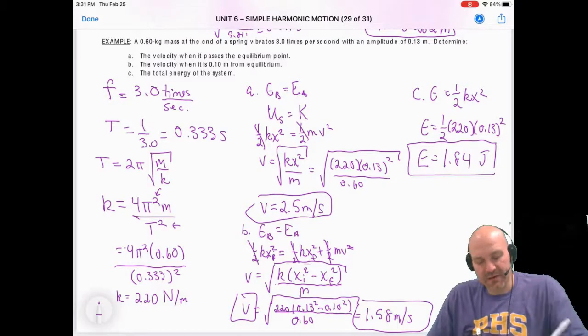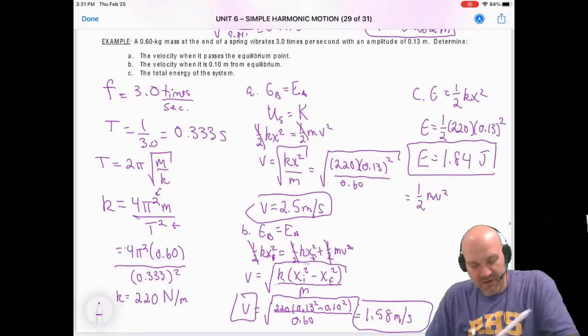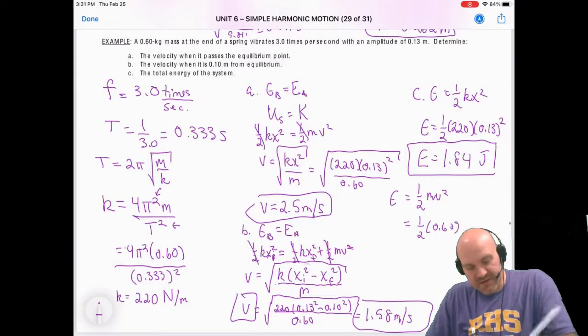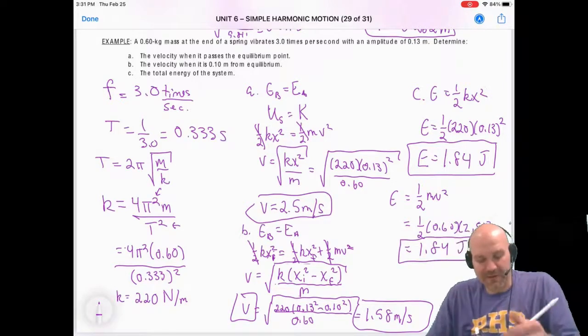Okay, and if you go back and you do 1/2 mv² at the equilibrium, you would do 1/2 times 0.60 times 2.5², and guess what you end up with? 1.84, right? Maybe a little bit different rounding.